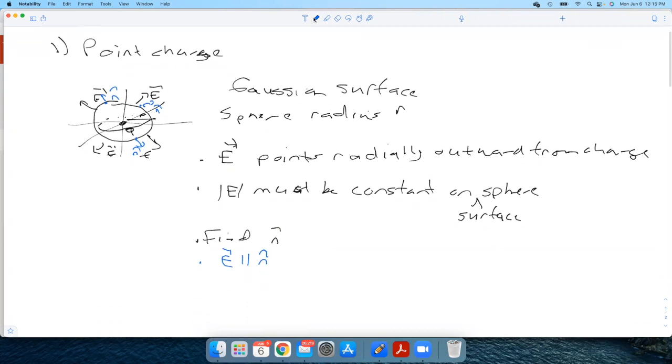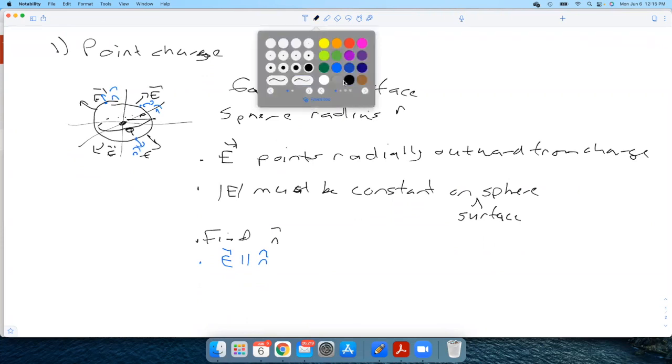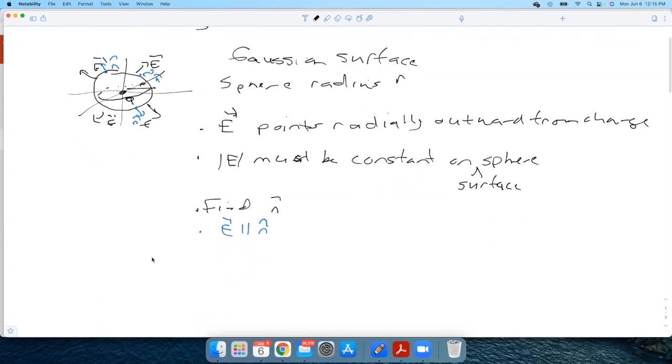Then, Gauss's law tells us that the double integral of E dot dS must be equal to the charge enclosed divided by epsilon naught.